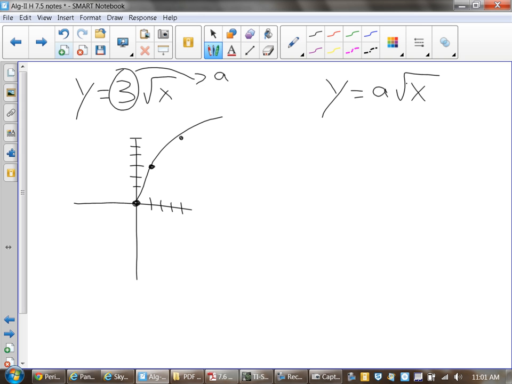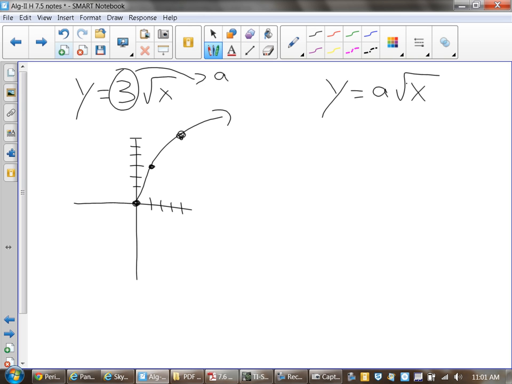What's changed here is that I've changed the rate at which this is climbing, if you will. That A value changes how fast this curve goes up or goes down. If the A value is positive, it's a first quadrant problem. What if the A value is negative? Can I have a negative A value here? Yeah.